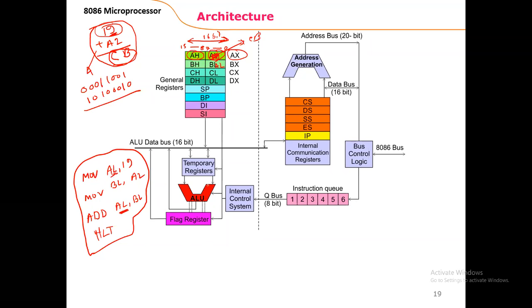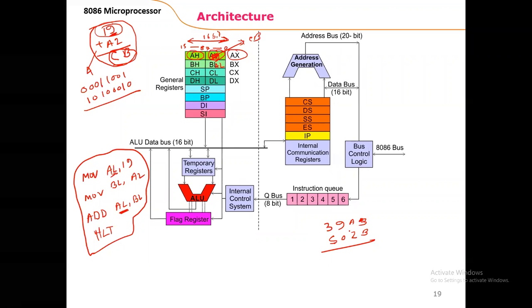Suppose another program, this is a 16-bit program. The values are 39A3 and 502B. So this is your addition. These are four hexadecimal digits, and 4-digit hexadecimal means 16-bit binary.